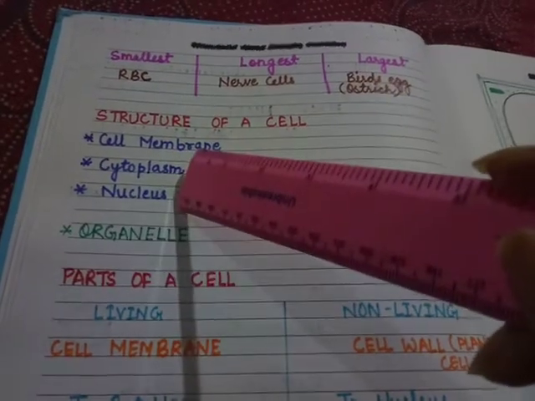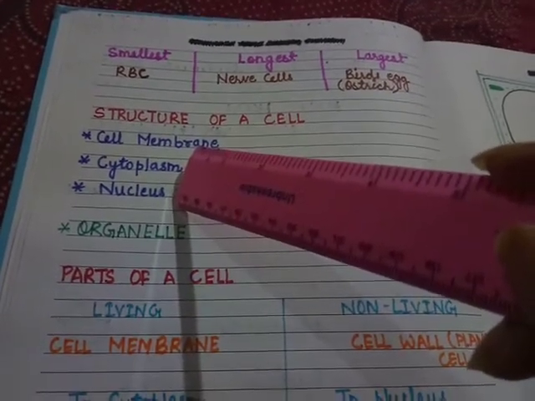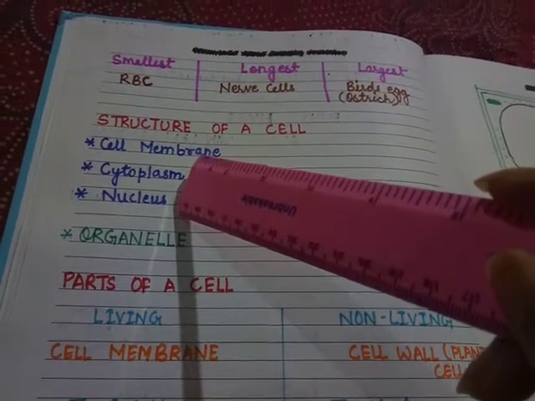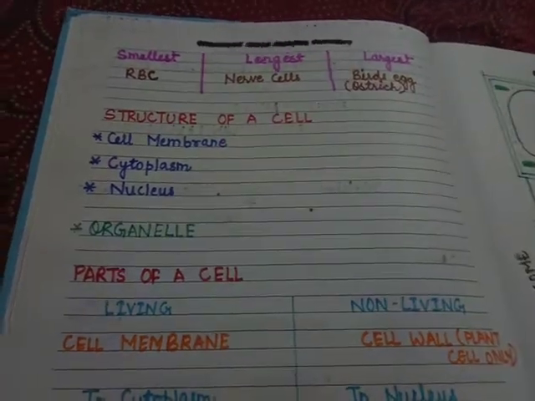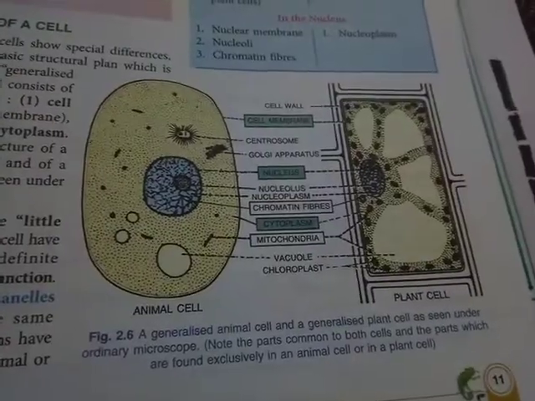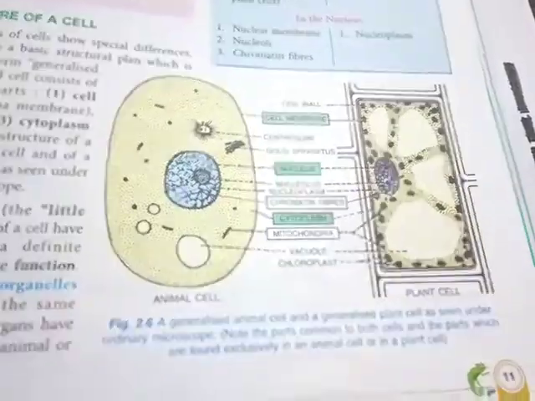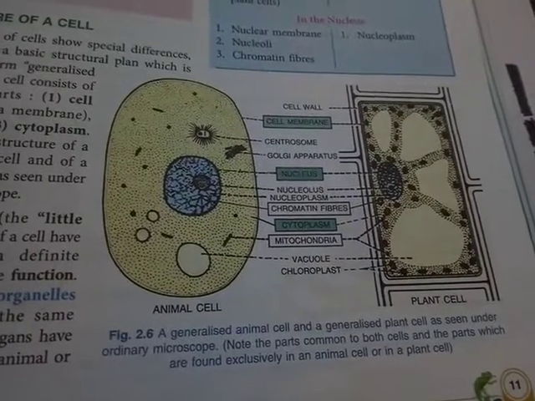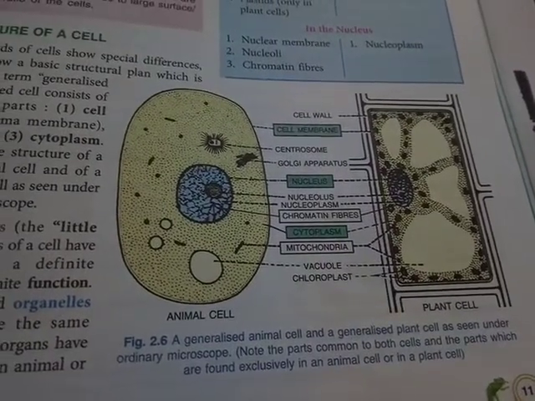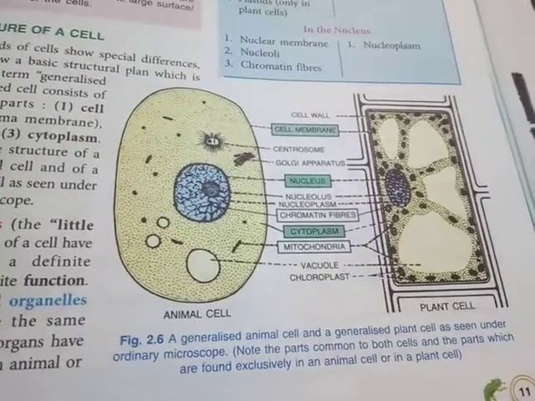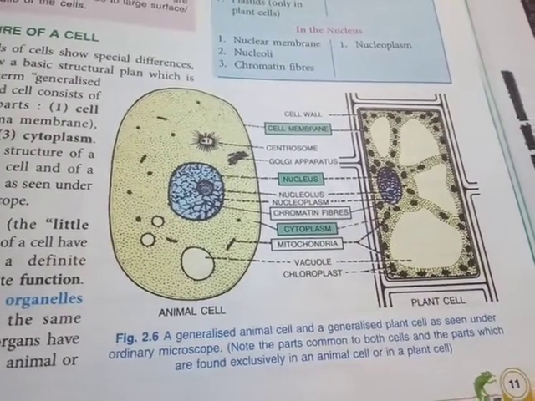And the last one is the nucleus, which is also known as the brain of the cell. All the metabolic activities are controlled by the nucleus. In front of you is the typical structure of the cell. One is the animal cell, another one is the plant cell. You can refer to it in your book.